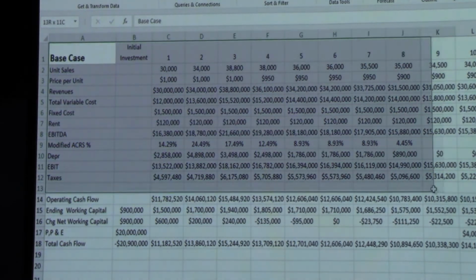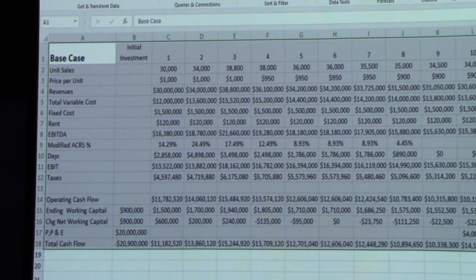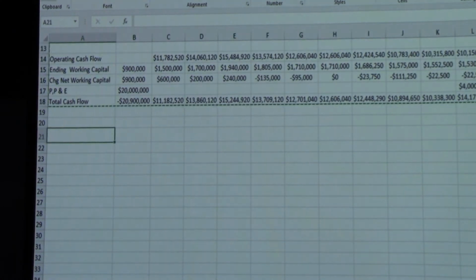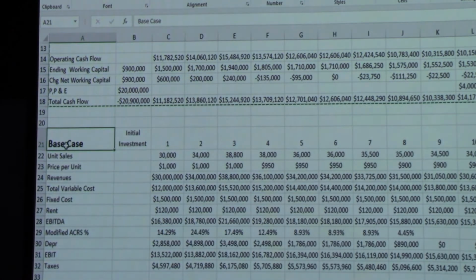So let's copy this spreadsheet to here, and let's call this best case.